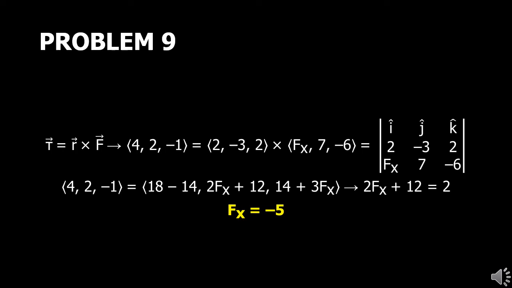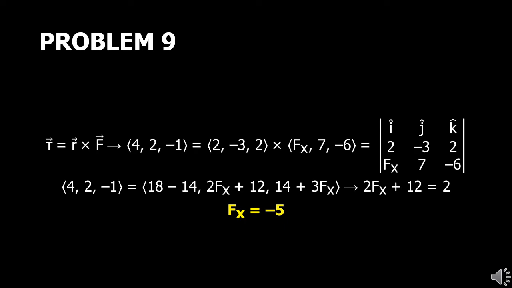So ngayon, pwede mo namang gawin dito na is mamili ka na lang ng equation na gusto mong gamitin to find the value of your Fx. So pwede mo tong gamitin yung 2 equals to 2Fx plus 12, or yung negative 1 is equals to 14 plus 3Fx. Either way, parehas naman yung makukuha mong sagot. So gamitin natin itong negative 1.